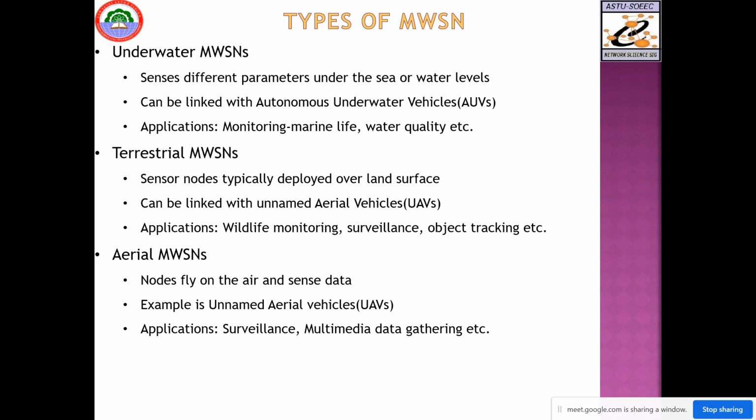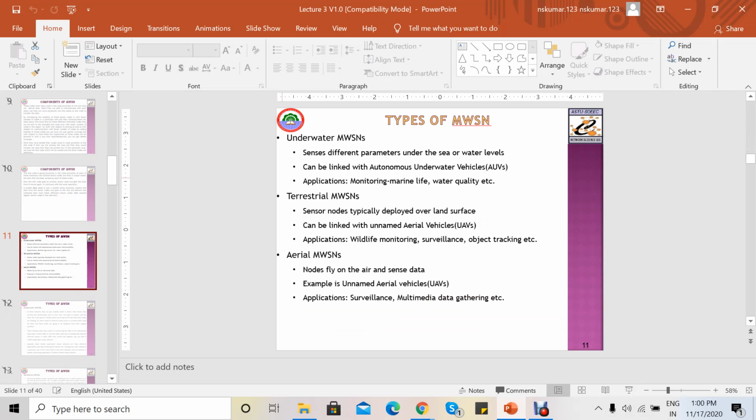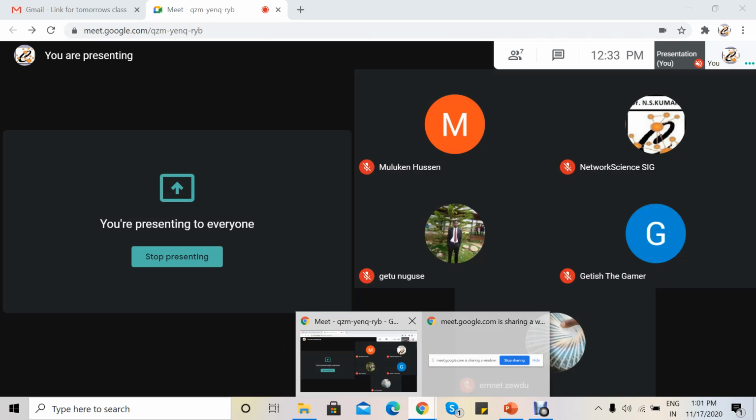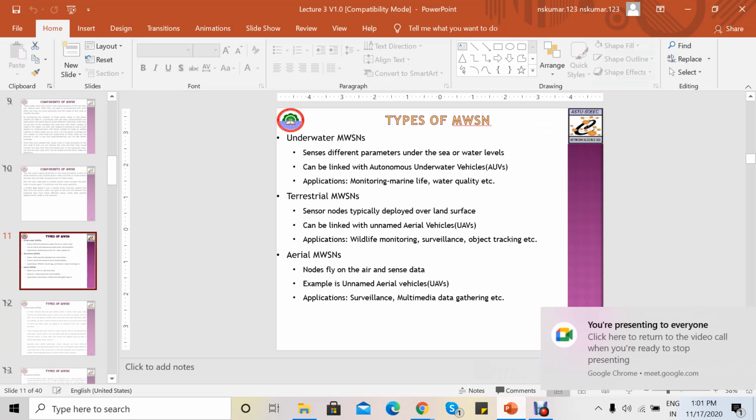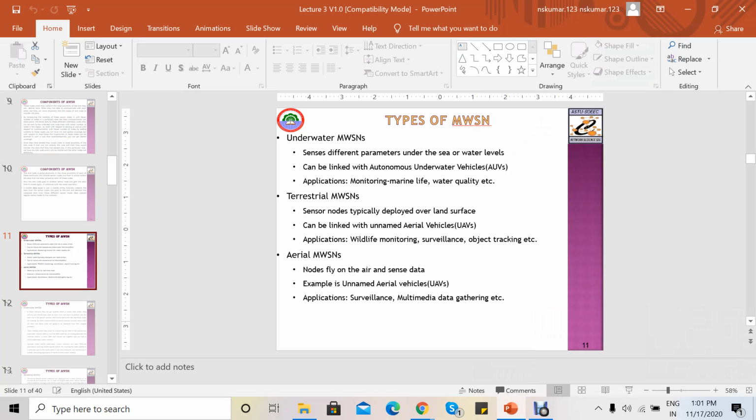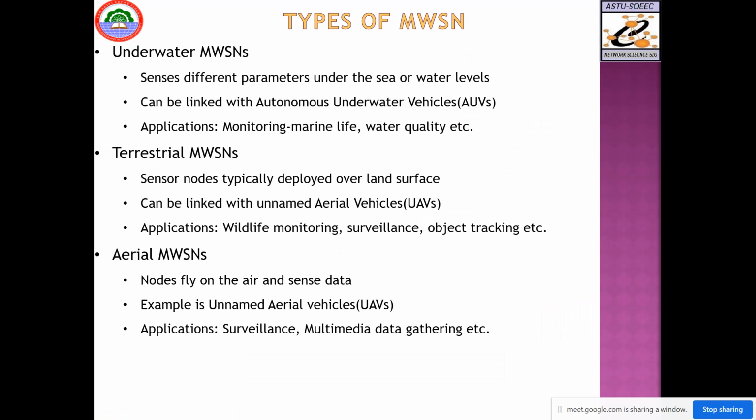Because of this, these sensors will be moved from one location to another location with the help of other autonomous vehicles, so we can call them unmanned aerial vehicles.